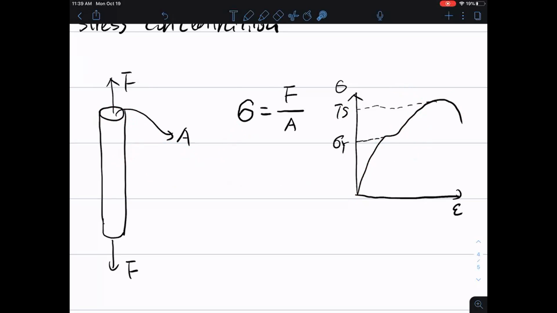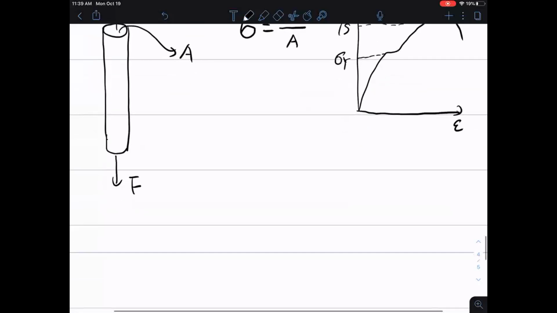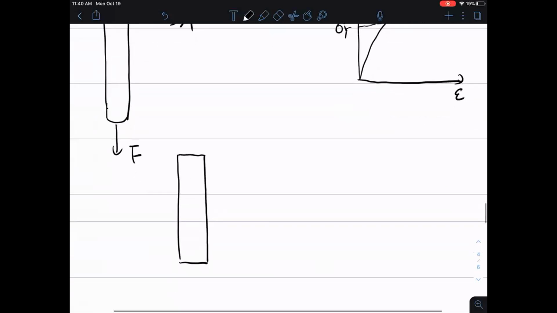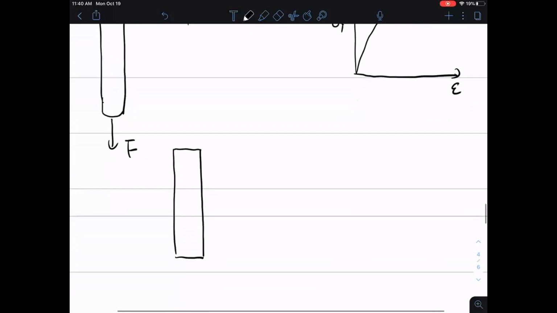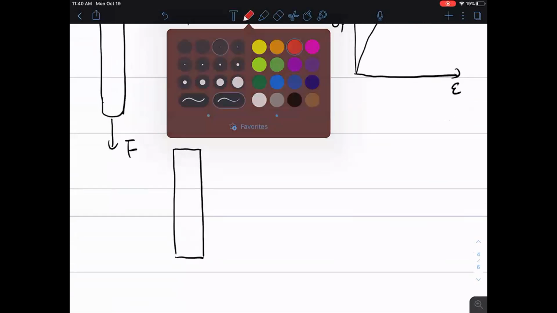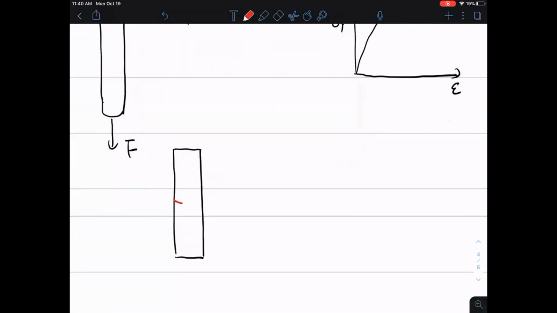But in reality, we have cracks. Let's look at the view of this metal bar. Let's cut it from the middle. If we have any small cracks, let's see, we have a crack on the surface.